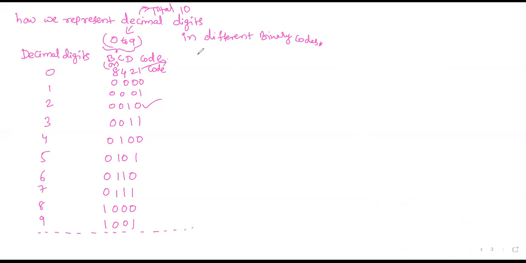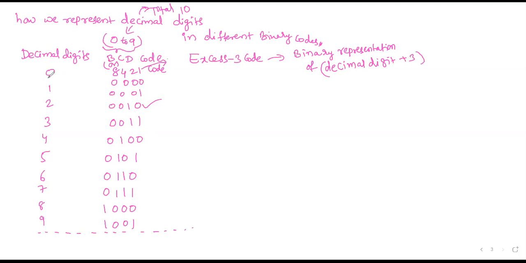Next, XS3 code. XS3 code is nothing but the binary representation of the decimal digit plus 3.